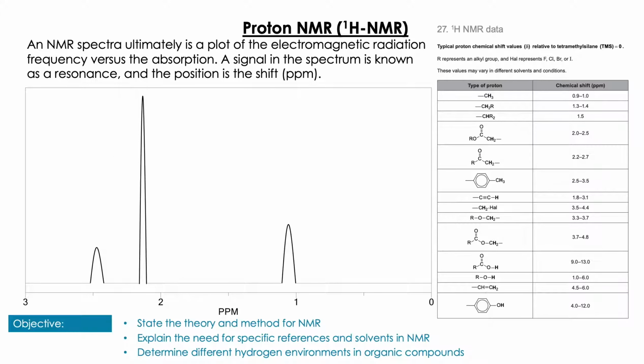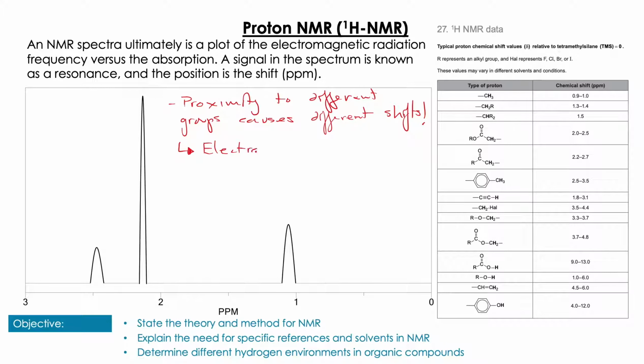So the H NMR spectra that we get from this is ultimately a plot of electromagnetic radiation frequency versus absorption. The signal in the spectrum is known as a resonance, and the position of these signals is the shift, and that's given in ppm, but don't worry too much about the units. So the proximity to different groups causes different shifts, and this is shown on table 27 of your data booklet.